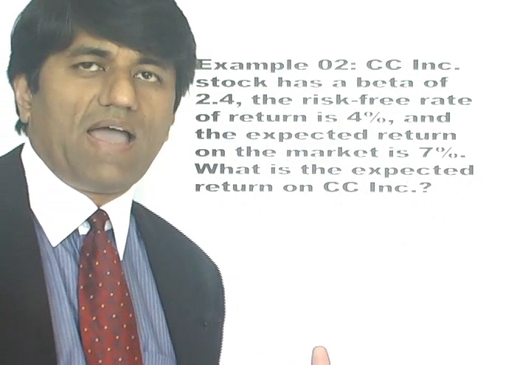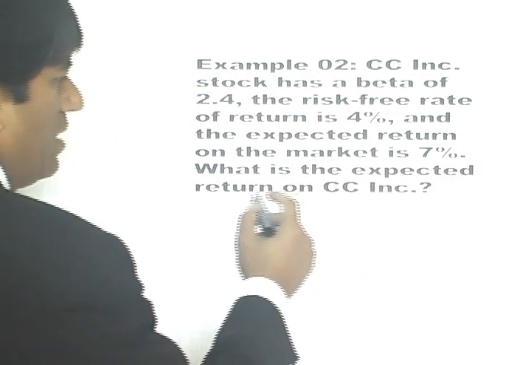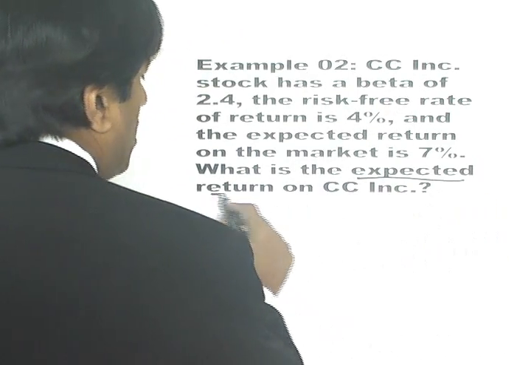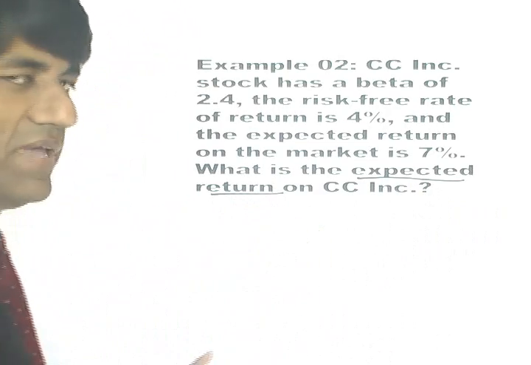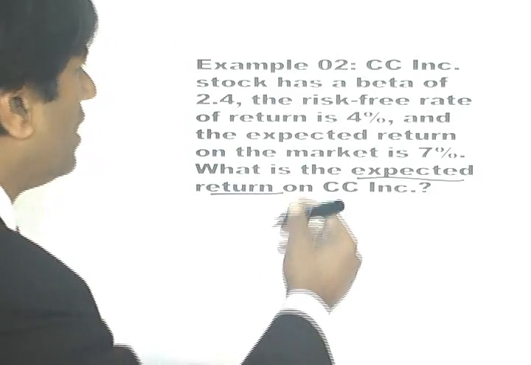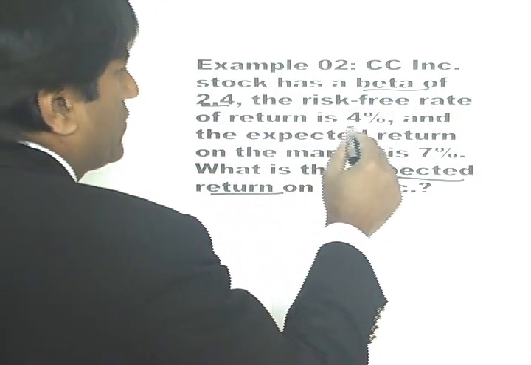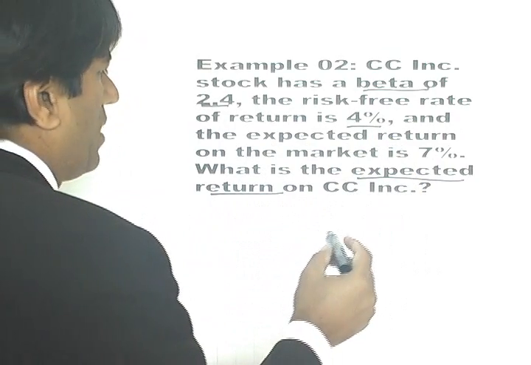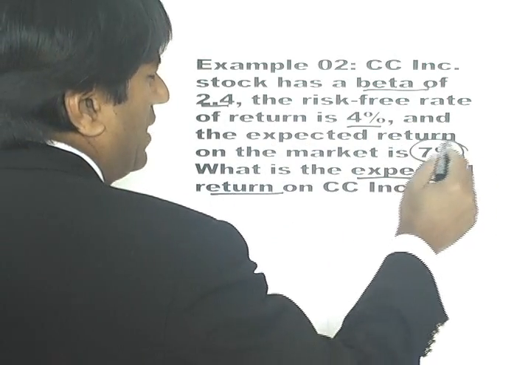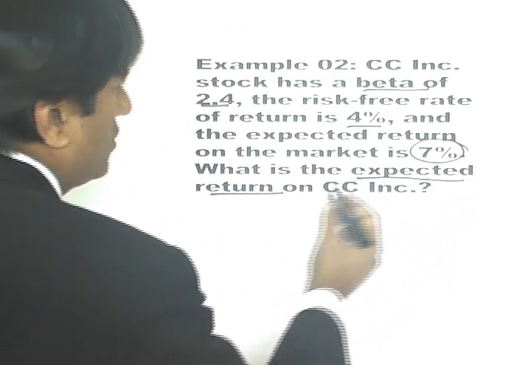Here we are going to apply the CAPM formula to find the expected return on a stock. And so we assume that CAPM is true and use that to find the expected return. The beta for the stock is 2.4, the risk-free rate is 4%, and the expected return to the market is 7%. And the question is, what is the expected return to the stock?